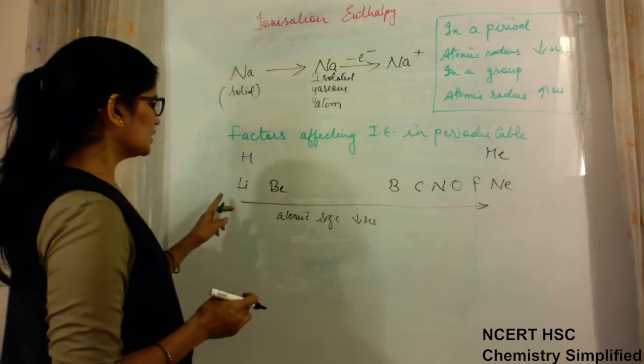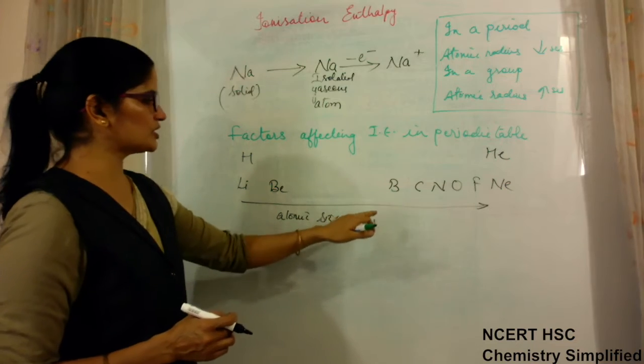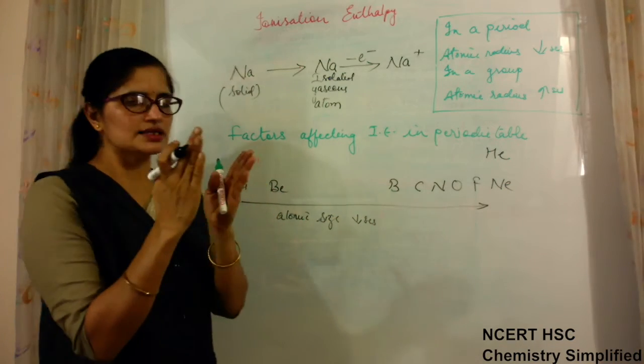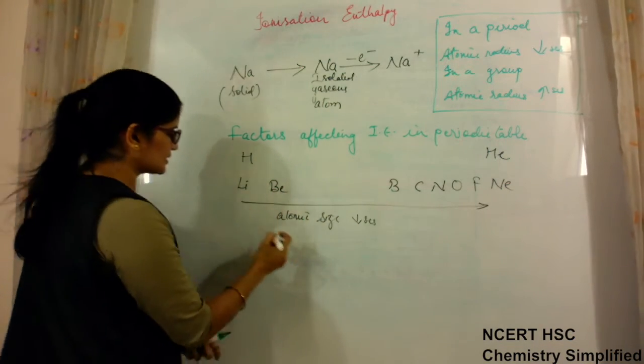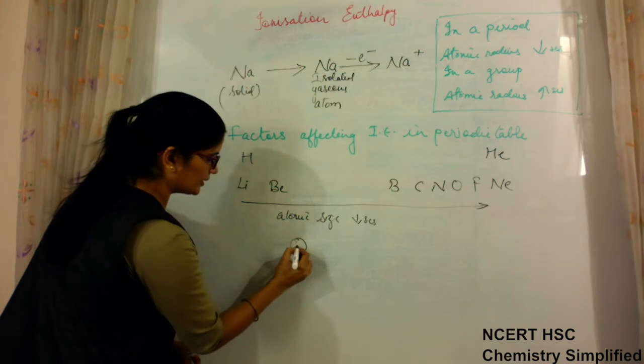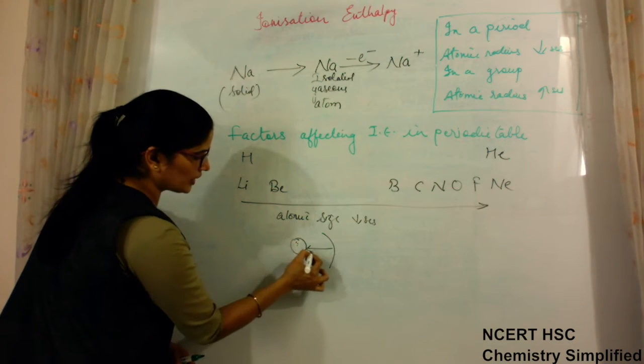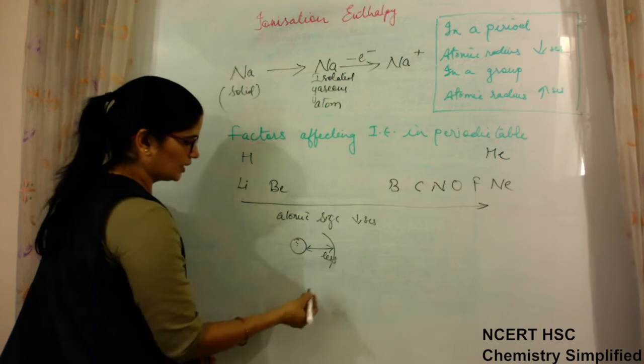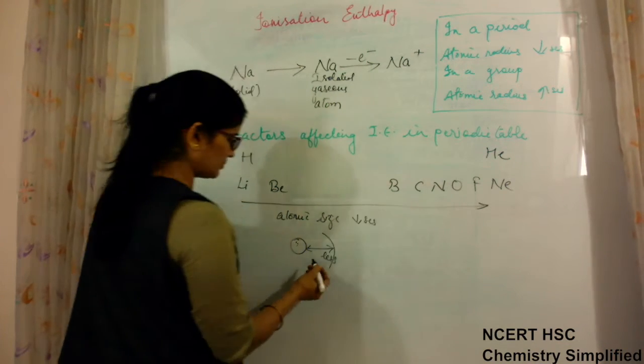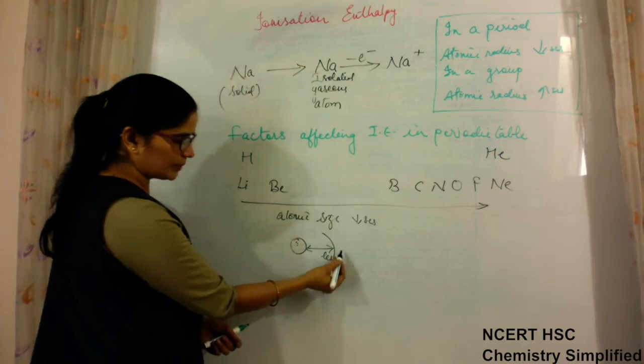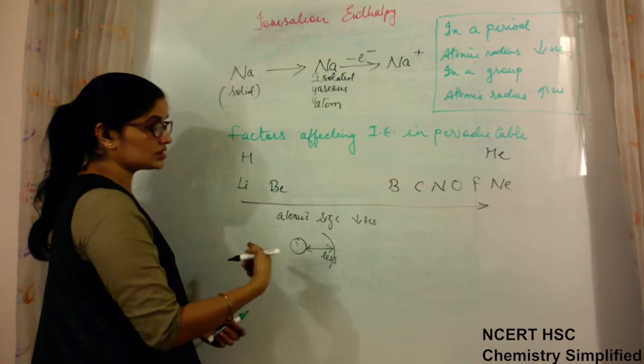Now, when the size of the atom is decreasing, what will happen? Small size means the distance between the nucleus and the outermost shell is less. If the size of the atom is big, the distance between the outermost shell and the protons is more.